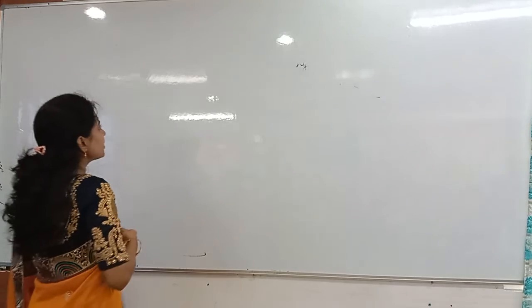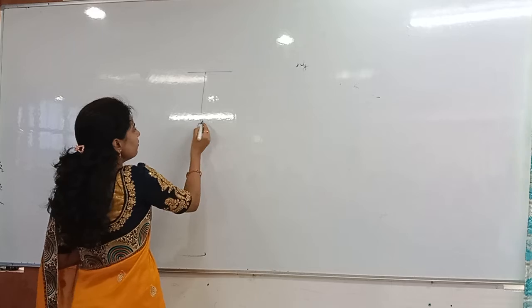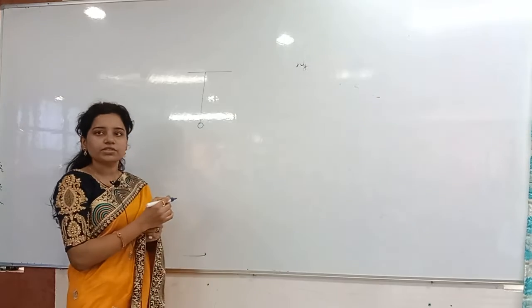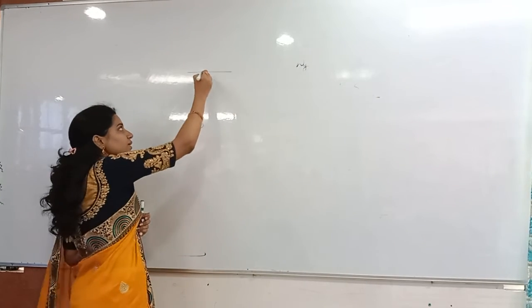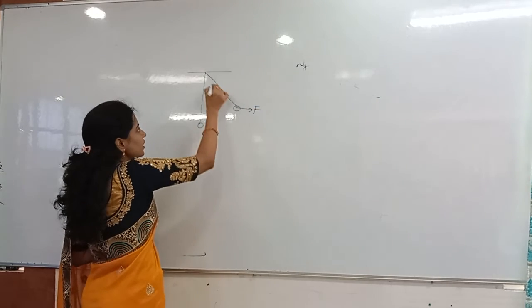See, they have taken a simple pendulum of length L, bob of mass M. Initially it was hanging like this. Whenever they applied a horizontal force, it makes an angle theta with the vertical. Now a force F is applied on that.